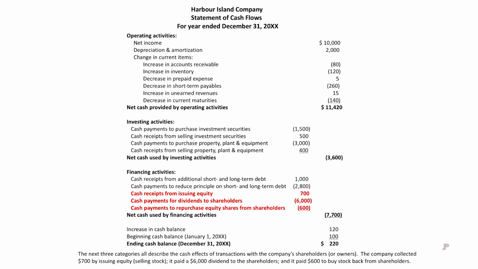The next three categories all describe the cash effects of transactions with the company's shareholders or owners. The company collected $700 by issuing equity, selling stock. It paid a $6,000 dividend to the shareholders, and it paid $600 to buy stock back from the shareholders.